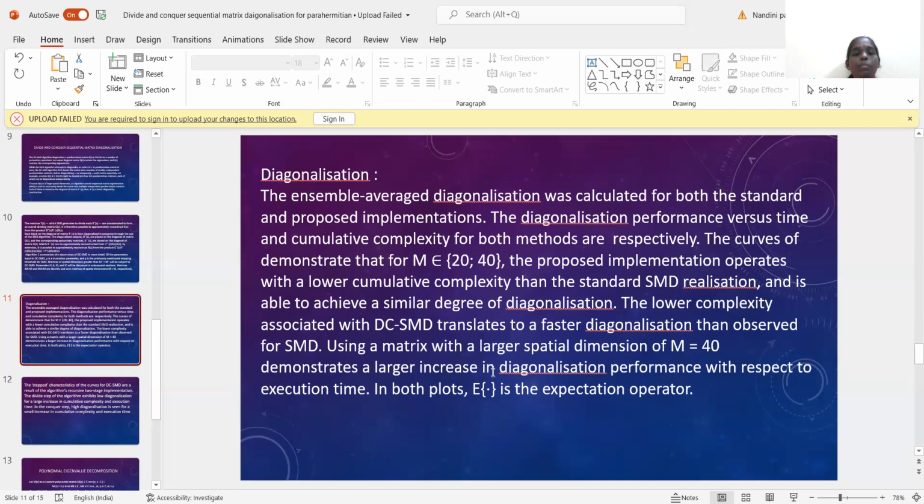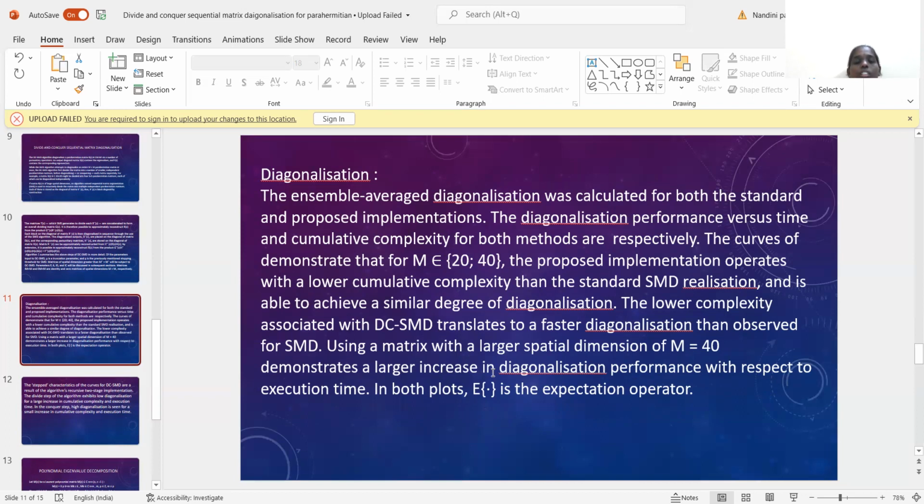The curves demonstrate that for any diagonalization level, the proposed implementation operates with a lower cumulative complexity than the standard realization and is able to achieve a similar degree of diagonalization.